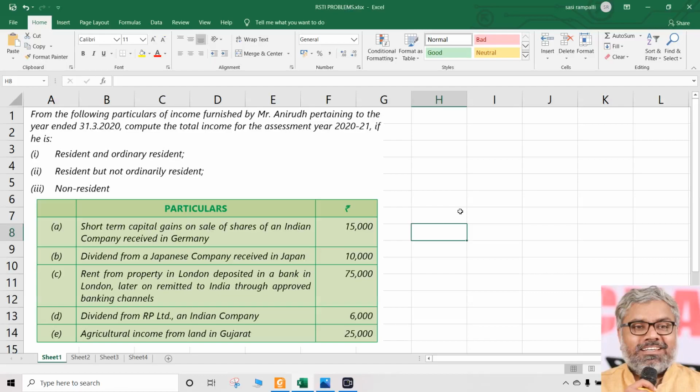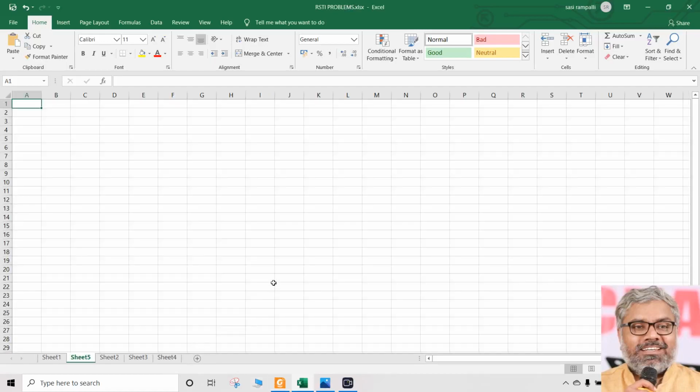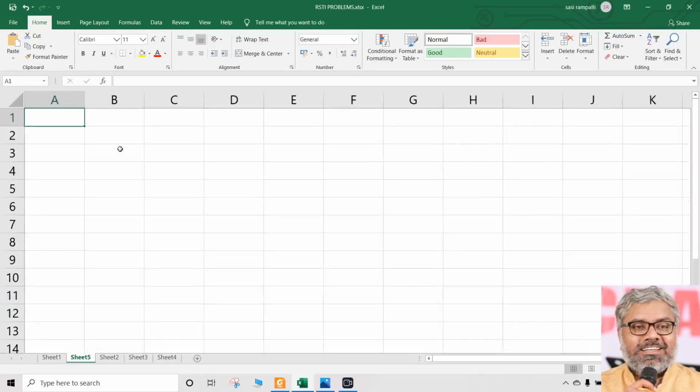What is that? That is salaries, allowances and perquisites which are payable to an Indian citizen by the government of India outside India, which are exempt from tax. Same way we know section 10(1). So certain items we will definitely come to know, and we are going to use those particular sections also.